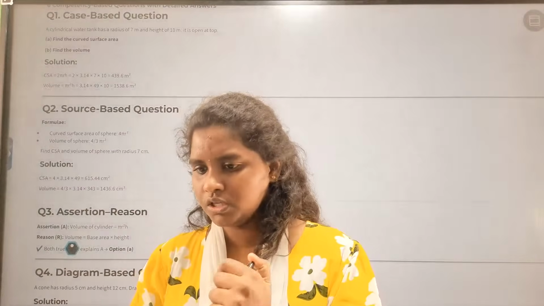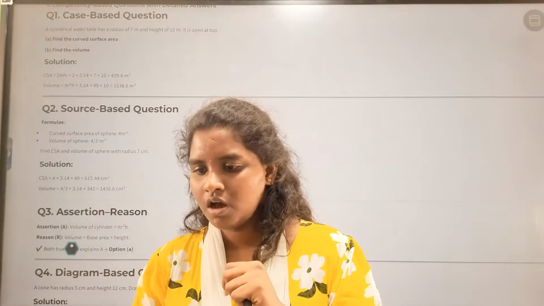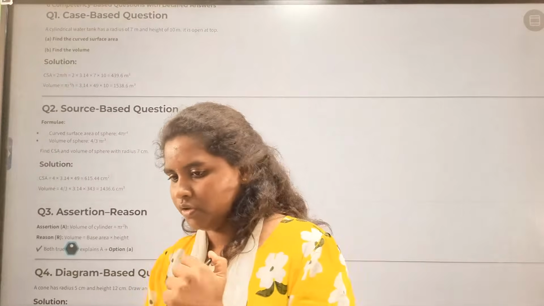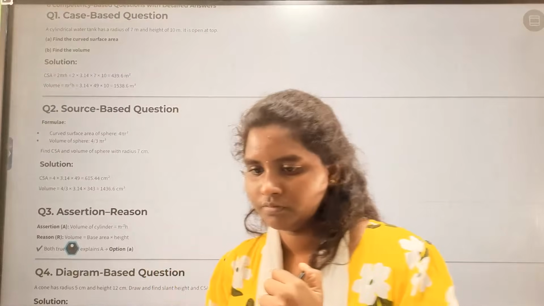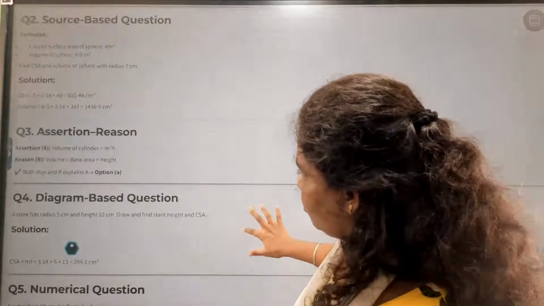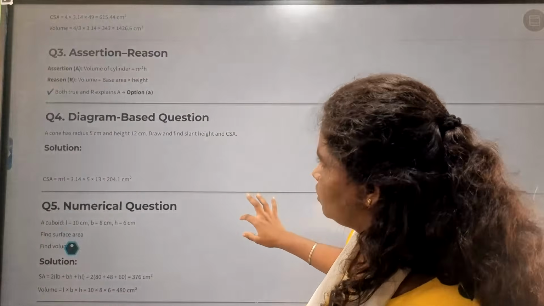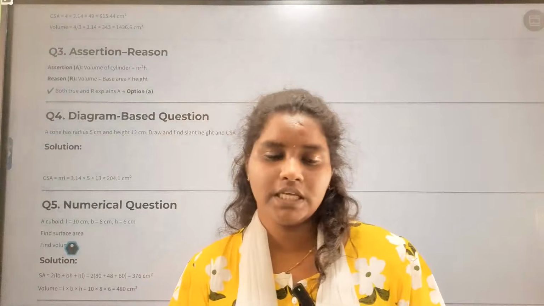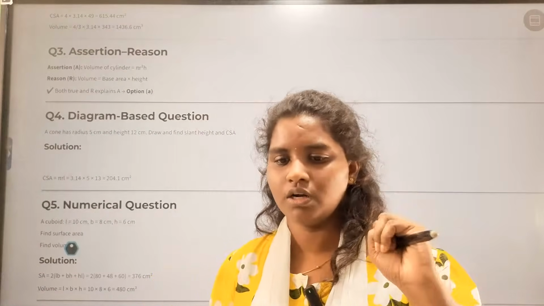Area related to circles or surface area and volume? Okay, so here we have diagram based questions. In surface area and volume, the main things are CSA and TSA. So what is CSA and what is TSA?